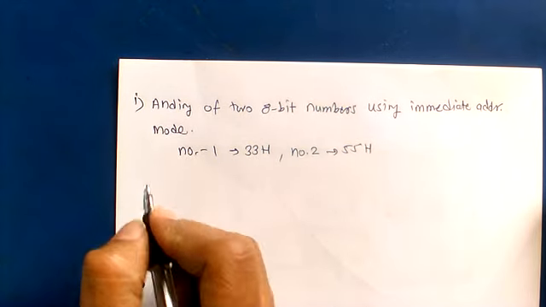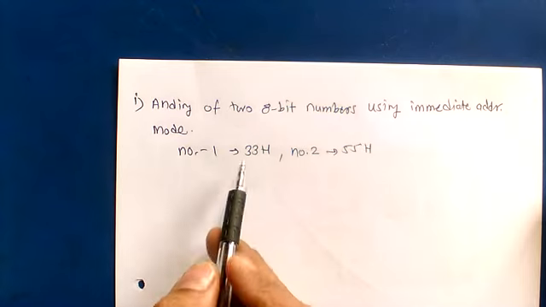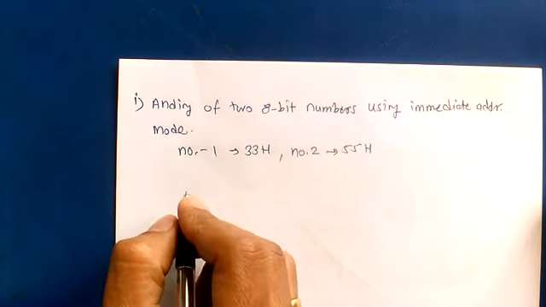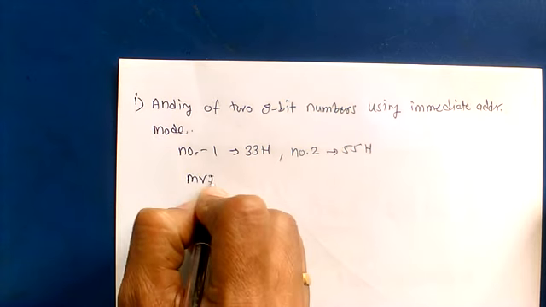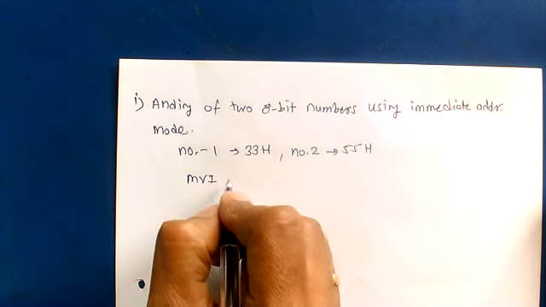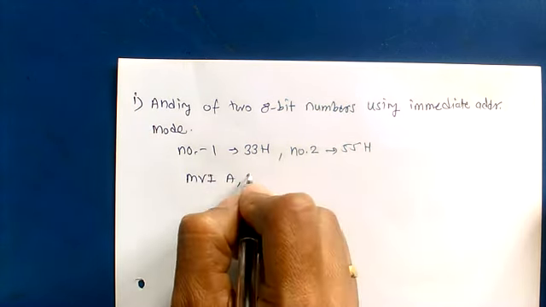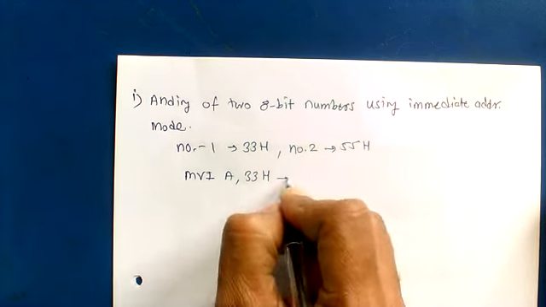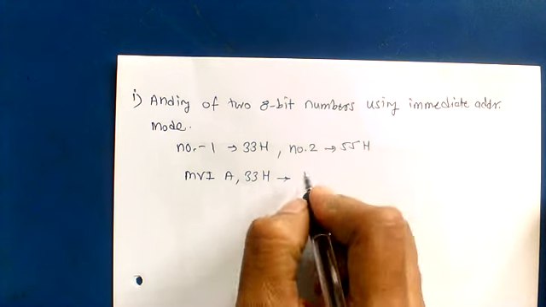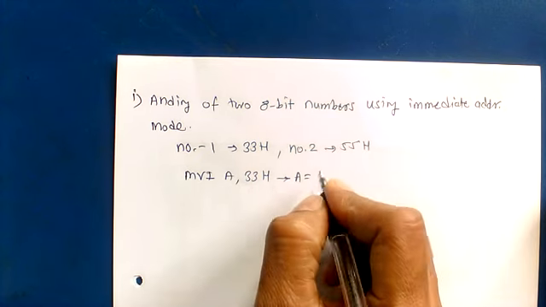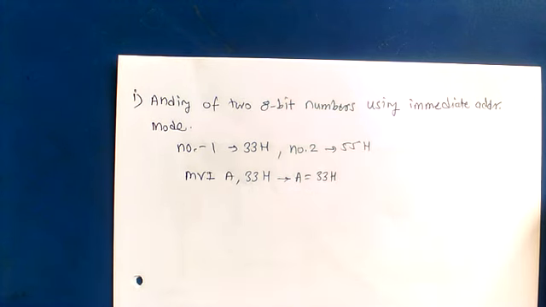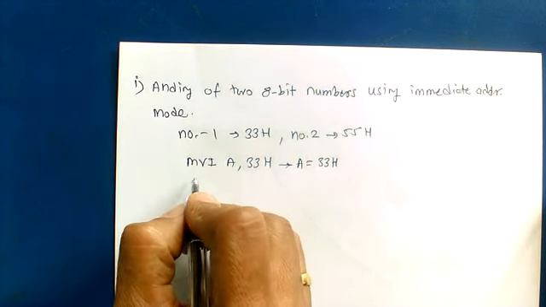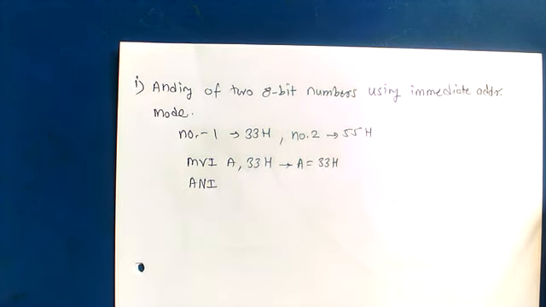So the first instruction is MVI A, 33 hex. After the execution, in accumulator you will get 33 hex.